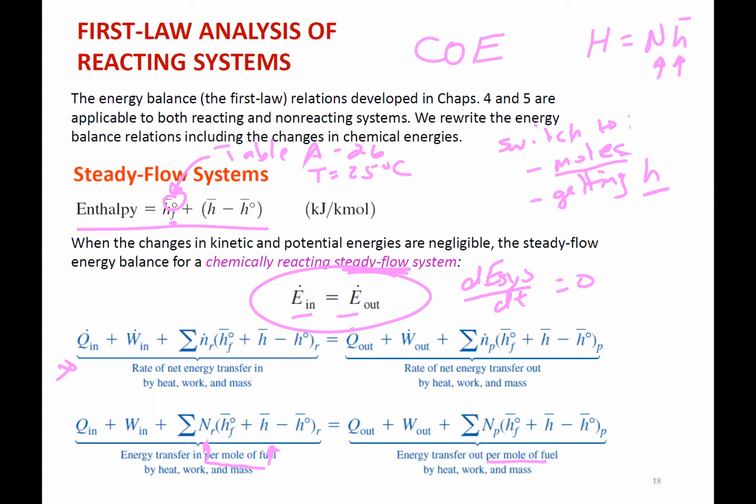This delta is our sensible enthalpy at whatever temperature you're at. This one here is again at 25. What it's doing is taking our enthalpy from our book and subtracting off the reference condition of 25, because the enthalpy of formation already includes it up to 25.